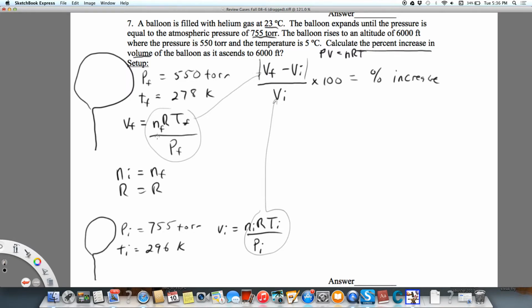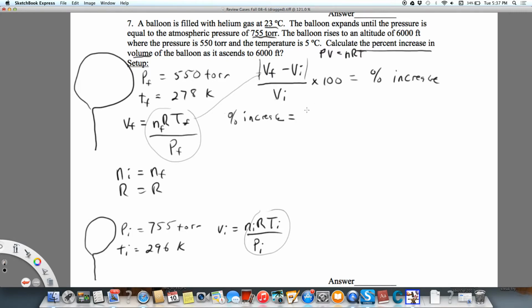Let's plug in these values for volume. And let's make some space here. Okay, so my percent increase, it's going to look complicated, but it really won't be after a minute.